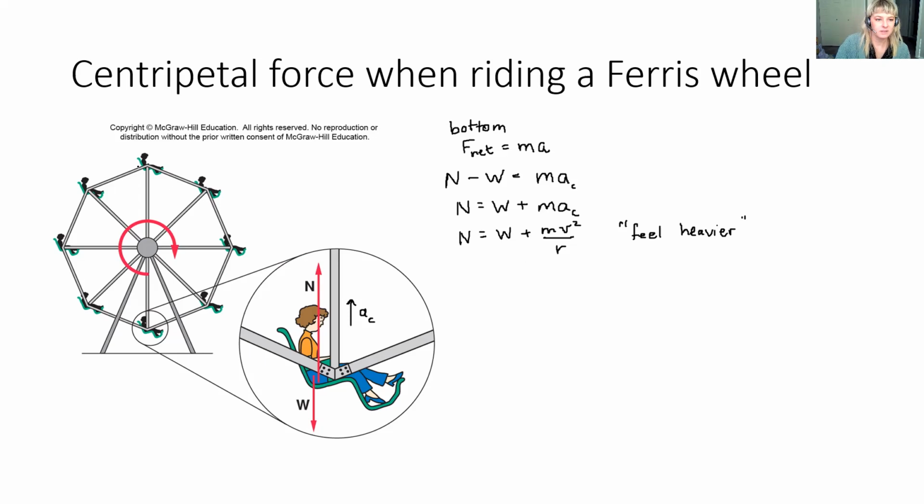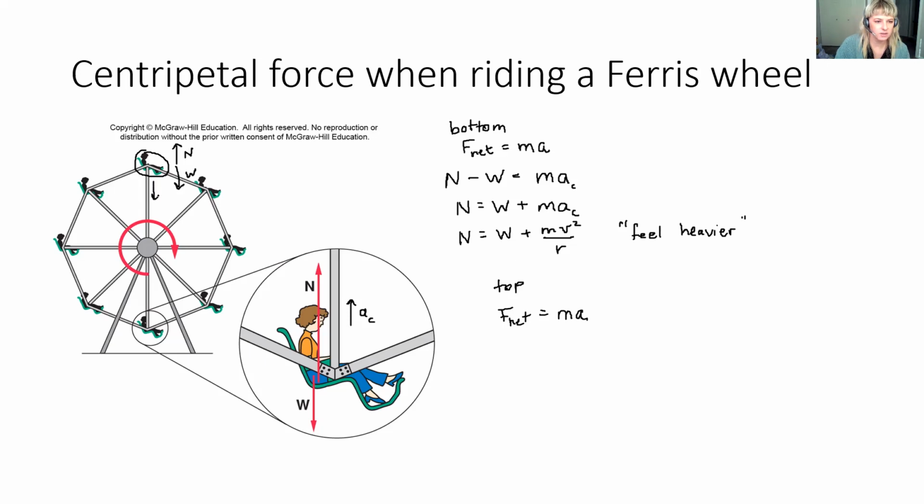Let's think about what happens at the top. Again, we're going to get from Newton's second law, F net equals ma. At the top, let's draw our forces. I've got normal force from the seat acting on my body that points upward. I've got the gravitational force, or my weight, acting downward.